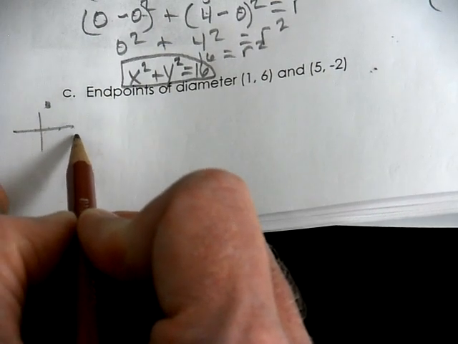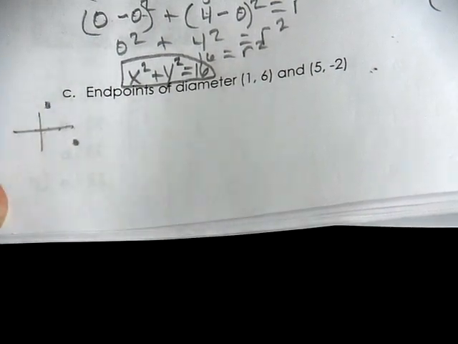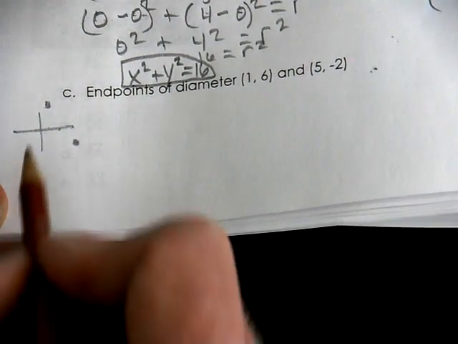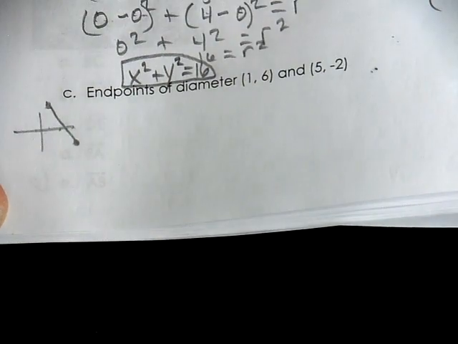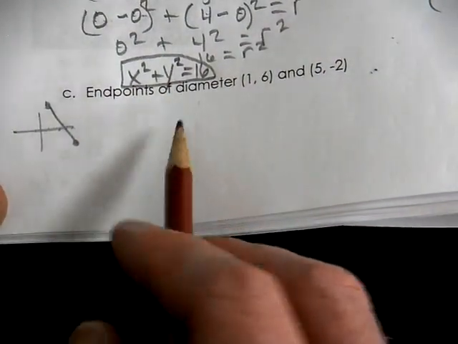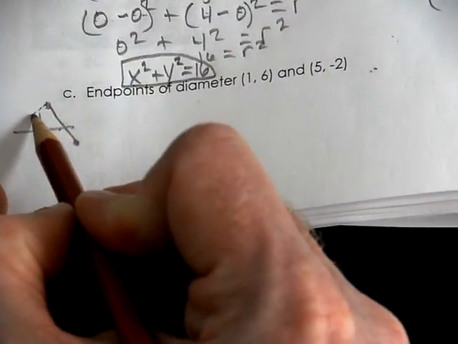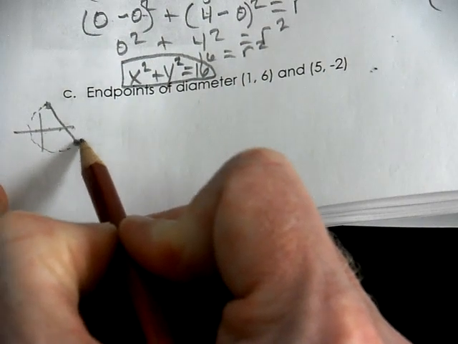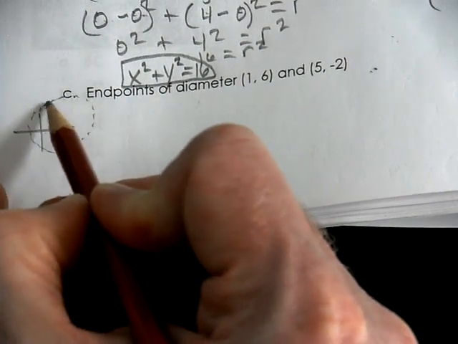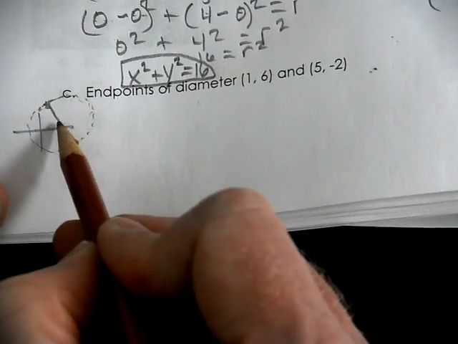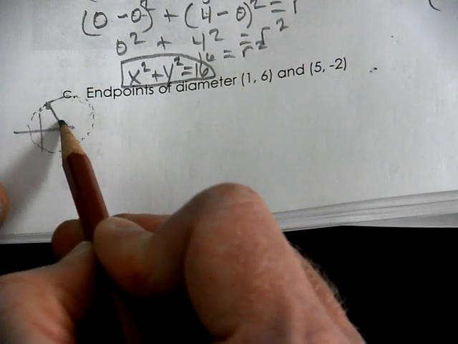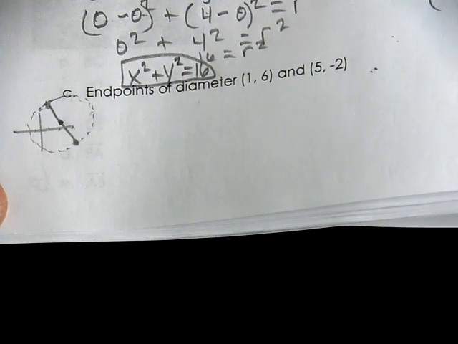We're 5 to the right and 2 down. There's my radius, or actually my diameter. So my circle is going to land in here somewhere like that. So my center is going to be something like there.